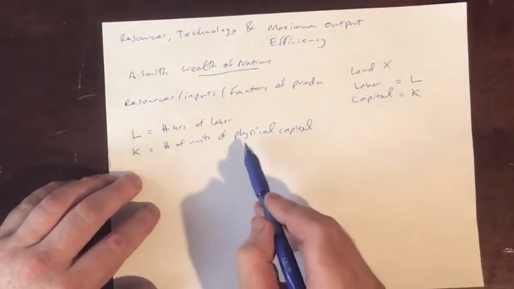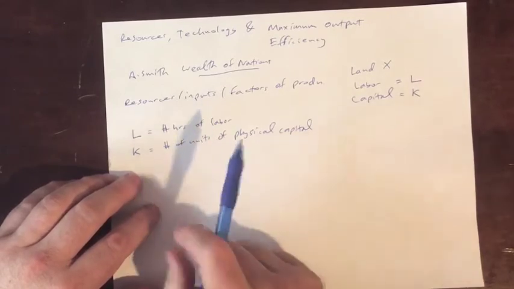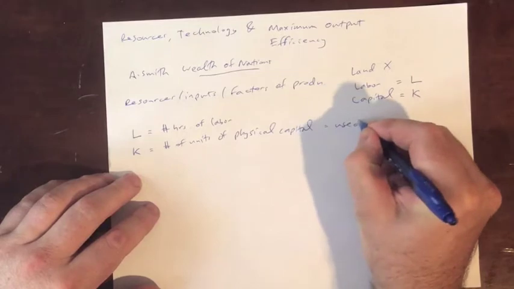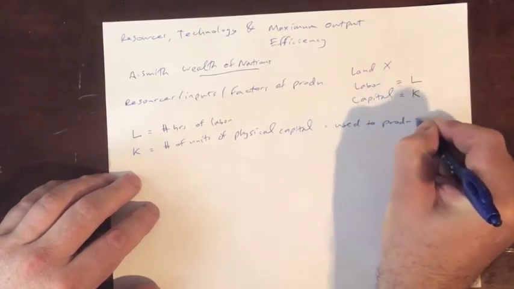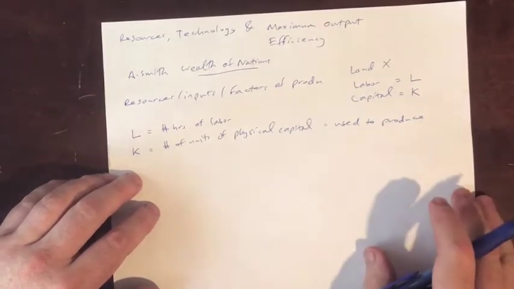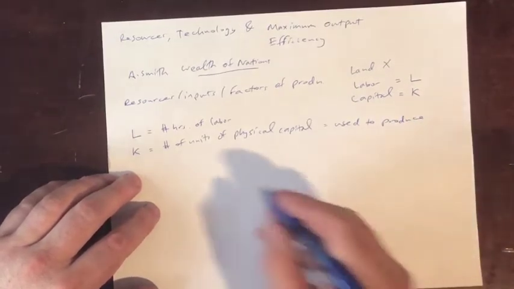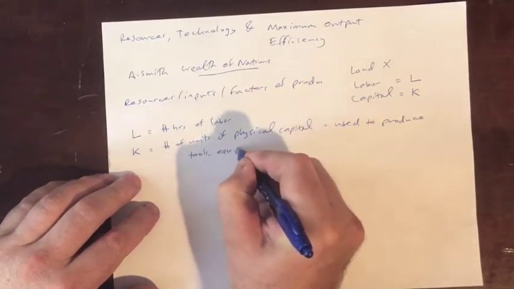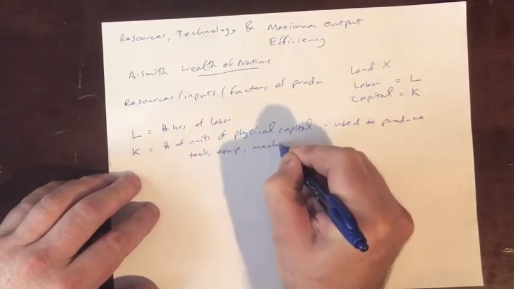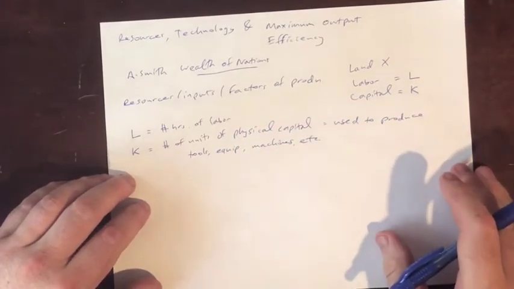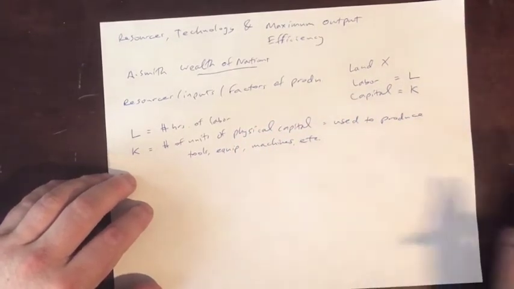Well, this means things which are used to produce other things. Typically, when we talk about what is used to produce, we mean things like tools, equipment, machinery, etc. So productive capital or physical capital.